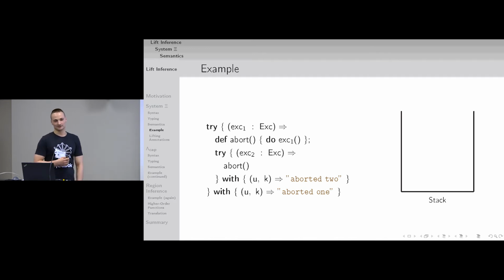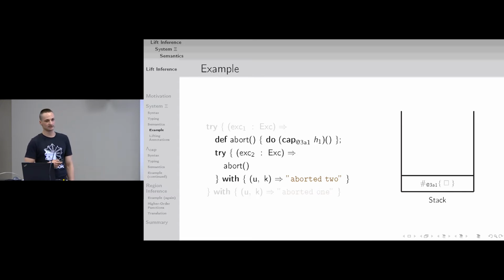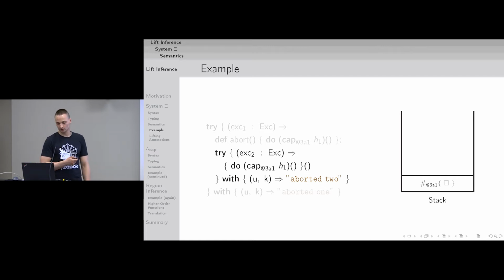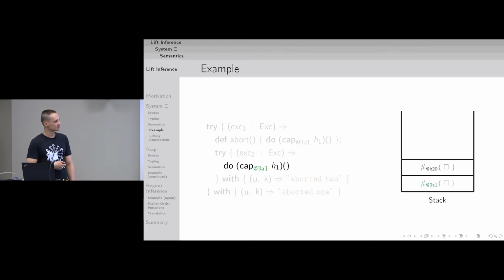Here's how this evaluates. On the right, we have the stack. The first step is to push a frame on the stack, which generates a fresh label and capability here, and the handler is inlined here with this capability. So this is also the same label here on the stack. Next step, abort is substituted here in the body, and then we push the next frame on the stack, which again has a fresh label.